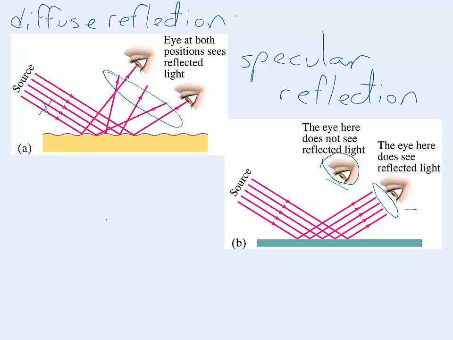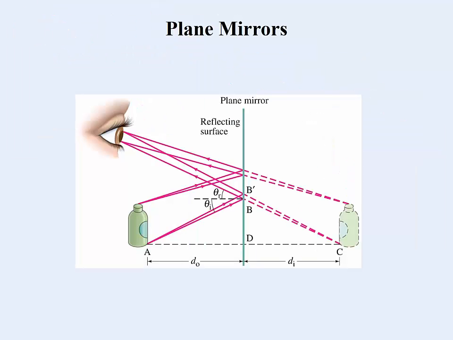Let's take a closer look at this specular reflection, and in particular, let's look at it with respect to a mirror. What you see when you look into a plain flat mirror is an image. This image appears to be behind the mirror, and this is because our brain cannot tell that light reflected off of the bottle, and when it reflected off of the bottle, it reflected to a surface and then reflected back again.